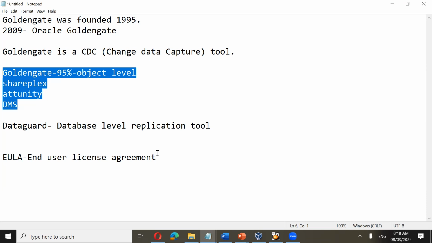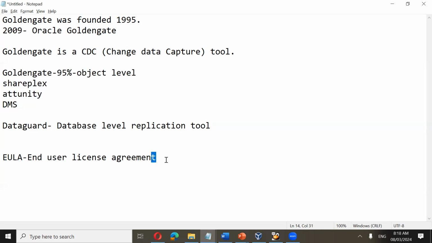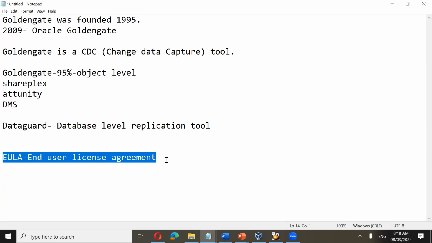Another reason, the financial reason, is that many organizations sign an EULA, an end user license agreement.